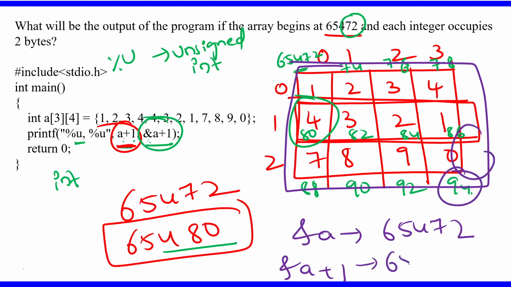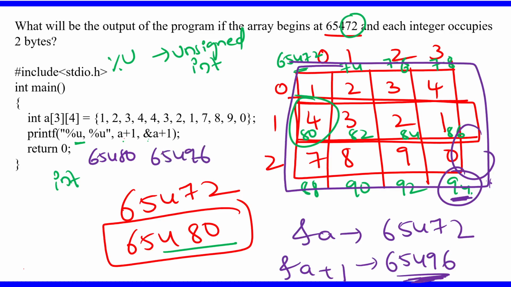So it is ending at 65494 plus 2 bytes, so this value will be 65496. After this matrix ends, the next starting address will be 65496. So ampersand a plus 1 is pointing to 65496. Therefore, the answer for this problem is: a plus 1 means 65480, ampersand a plus 1 means 65496. Okay, this is the output of this problem.